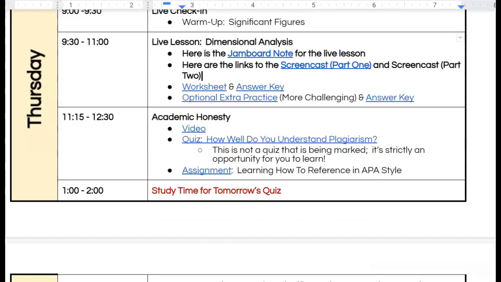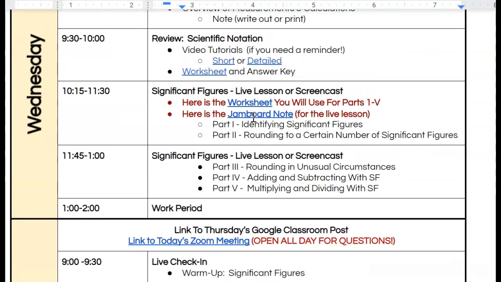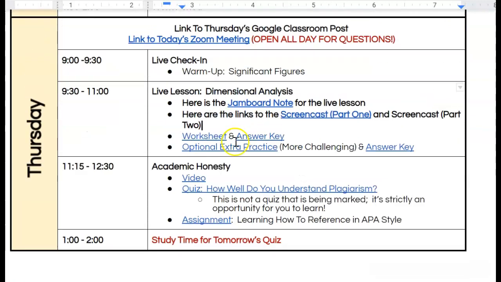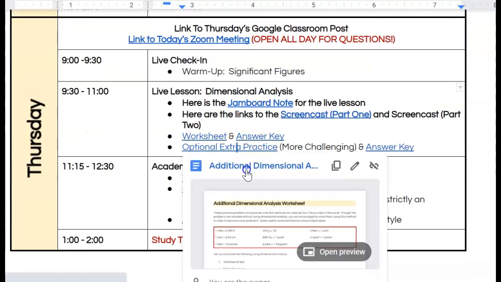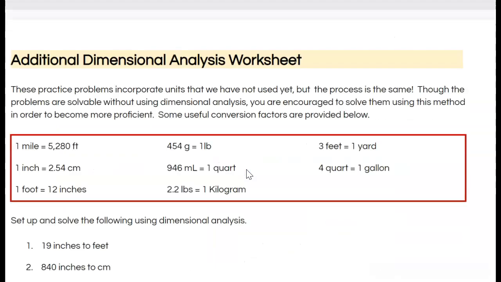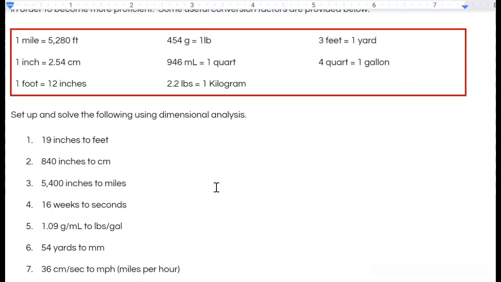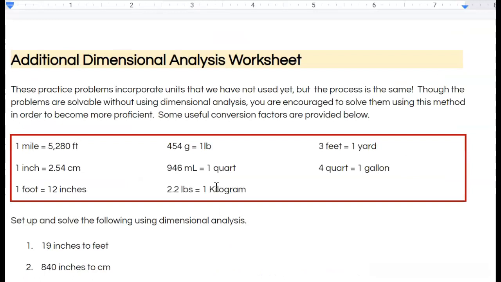Having said that, if you are up for a challenge, there is an optional extra practice worksheet on Thursday that will get you to work with a whole bunch of unfamiliar units, but still the process is the same. If you're planning on going into the sciences, then that will be a good exercise to help you master this concept.